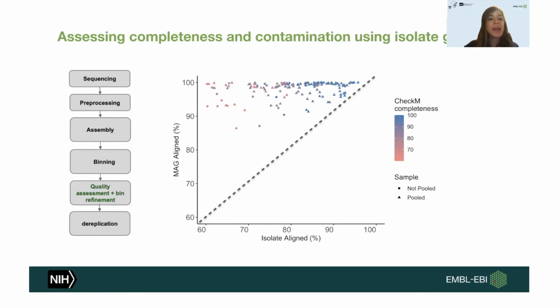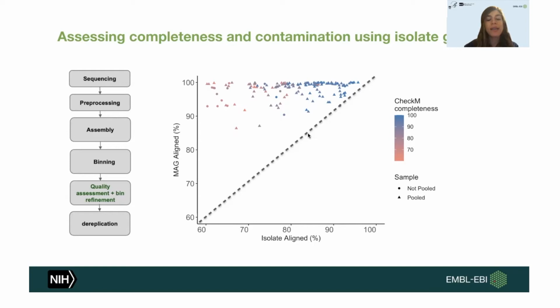And here I'm showing a plot of the percent MAG aligned and the percent isolate aligned. As we mentioned, MAGs are incomplete, so their genome size would be smaller, and the percent MAG aligned would be expected to be higher than the percent isolate aligned.